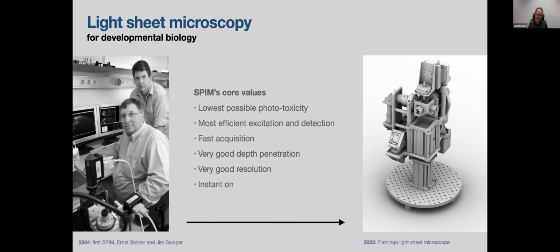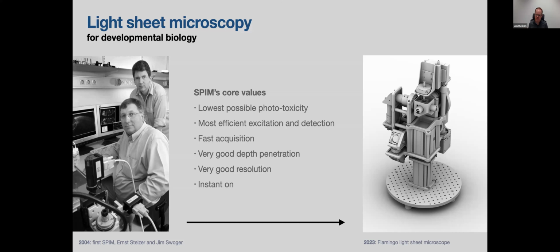And if I want to list them, it would probably somehow be in this order, which again highlights that the phototoxicity ultimately is the main value for us. So there's no value in a microscope if it kills your specimen, right? You're imaging artifacts. You're not imaging your biological specimen under physiological conditions, and you're not recording true biology.